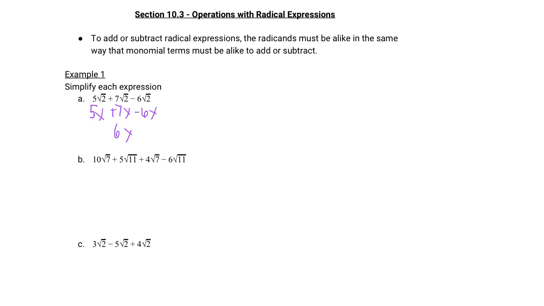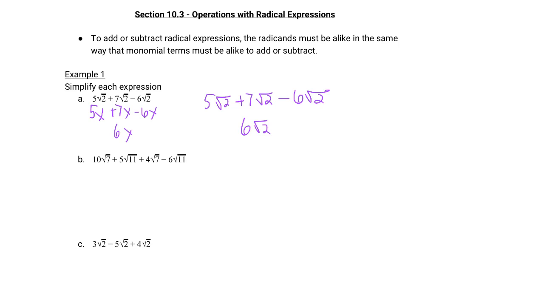Well, the same thing is true for these radicals. 5 square root of 2 plus 7 square root of 2 minus 6 square root of 2. These are all square root of 2, just like x. We can put those all together. So 5 plus 7 is 12, minus 6 is 6 square root of 2. Good enough, right?